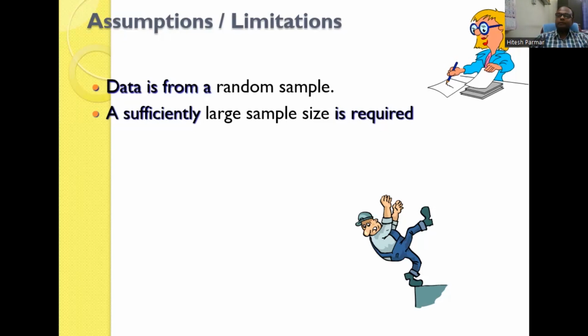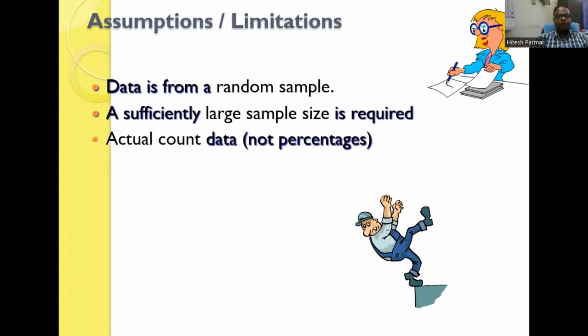Right? If the overall sample size is very small, then it is possible that the subcategories will also have a very small sample size, and ultimately we cannot take conclusions from a very small sample. So it is assumed that a sufficiently large sample size is required.